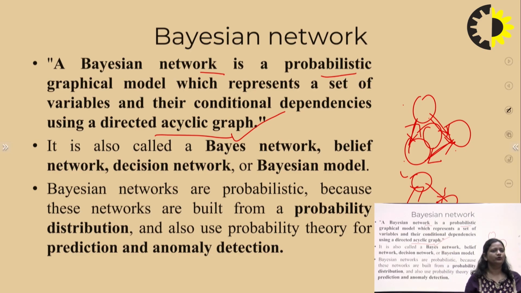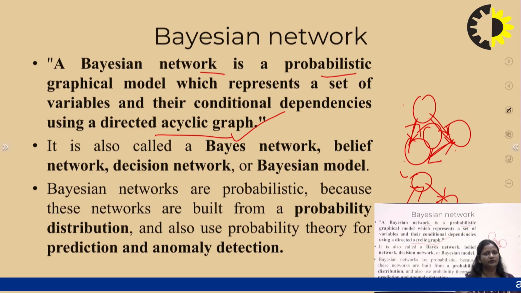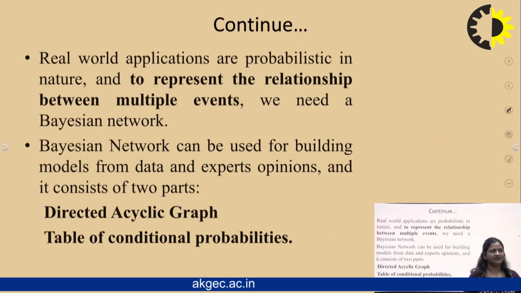And yes, it also uses probability theory for prediction and anomaly detection, because this model is used for prediction of another variable, or we can say a target variable, and it is also based on probability. That is why a Bayesian network is a probabilistic graphical model, because it is based on probability theory. So this is the overall concept of Bayesian network.